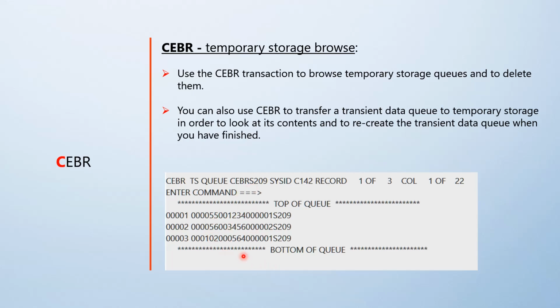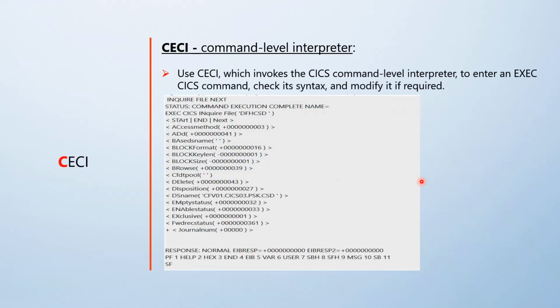Okay, yeah, there is another transaction called CECI, which is called the command level interpreter, which is especially used to run your EXEC CICS commands without any program. Okay, you don't need to code anything, but if you just want to test your EXEC CICS commands, you can still do that.